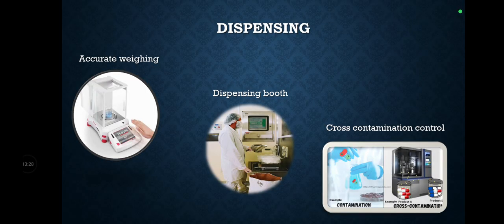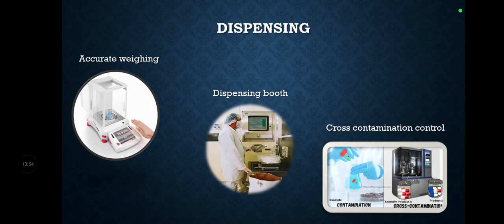The next department role is dispensing. In dispensing, accurate weighing is very important. If the wrong weight is taken during weighing or dispensing of the raw materials, there may definitely be changes in the formulation of the particular tablets. So accurate weighing should be there.